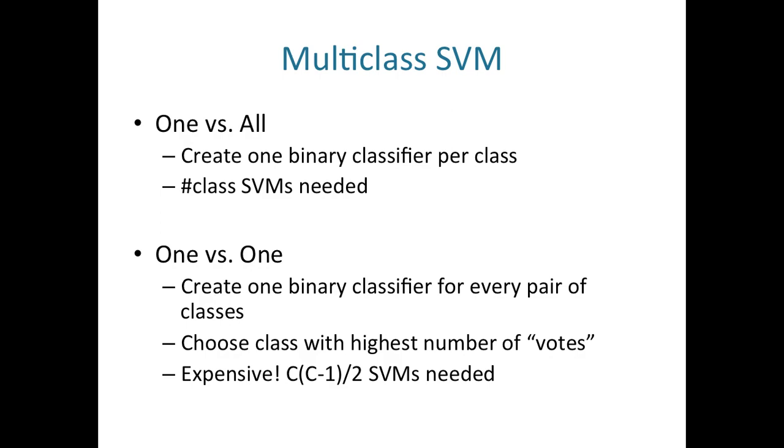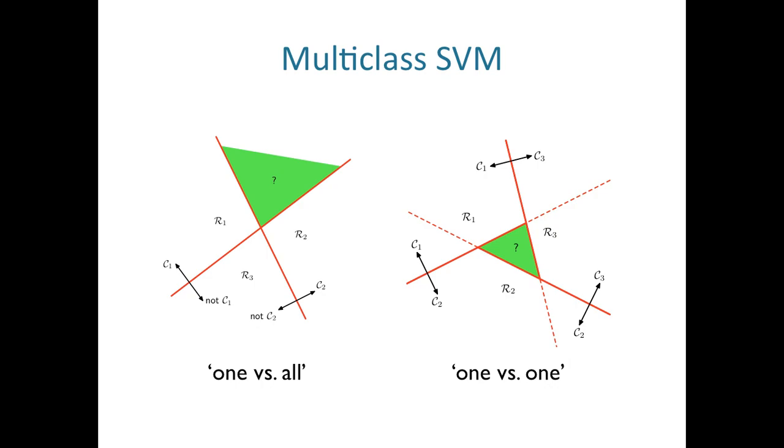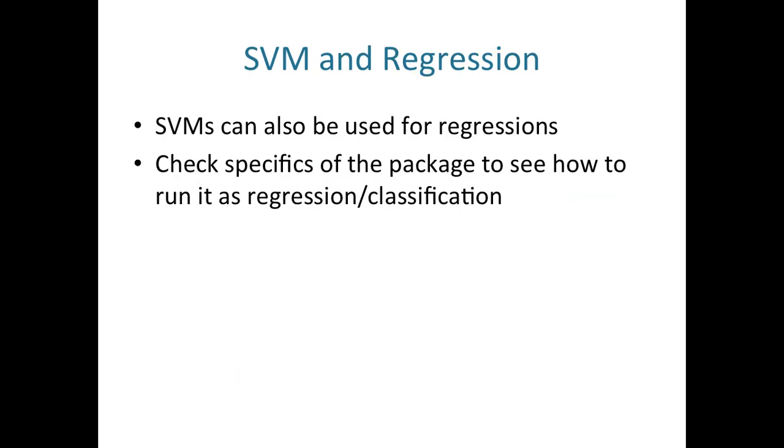However, as you can imagine, one versus one is much more expensive because of the explosion of different combinations between labels. Graphically this is exactly what I just said. In one versus all, you have C versus not C, or D versus not D, whereas in one versus one you're literally comparing each possible pair of classes.